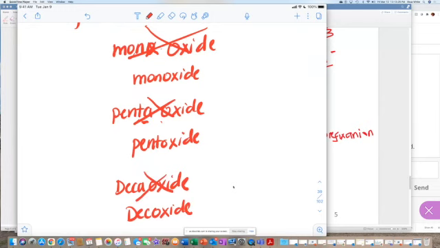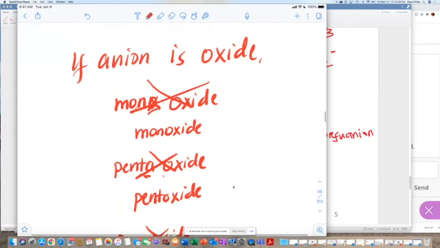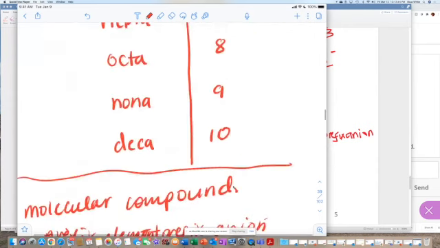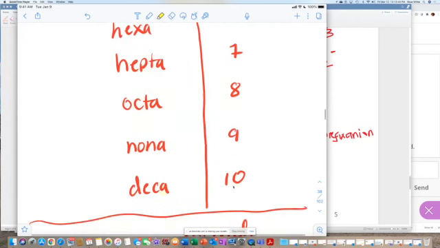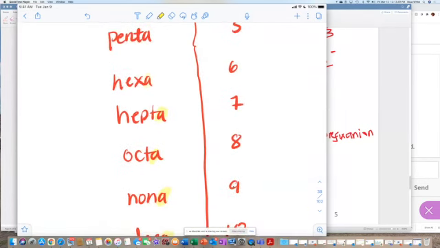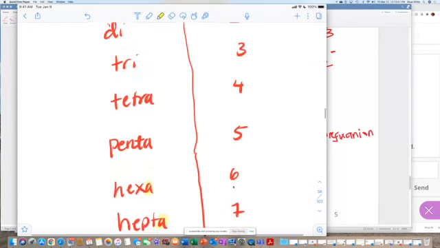So these are the pre-rules to the rules before we start working on these. We don't use mono in the beginning of a molecular compound. We consolidate the prefixes that end with O or with A. So the ones that get consolidated, if you have a situation with the oxide, are all of these that end with A before the oxide. So we don't have heptaoxide, we have heptoxide.